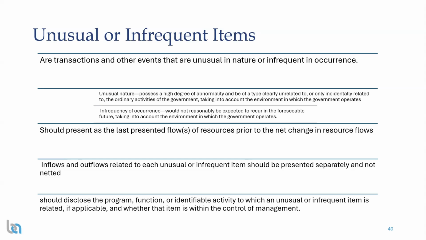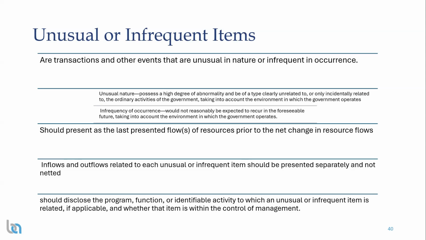Unusual nature means it possesses a high degree of abnormality and is of a type clearly unrelated to, or only incidentally related to, the ordinary activities of the government, taking into account the environment in which the government operates. Infrequency of occurrence means it would not reasonably be expected to occur in the foreseeable future, taking into account the environment in which the government operates.